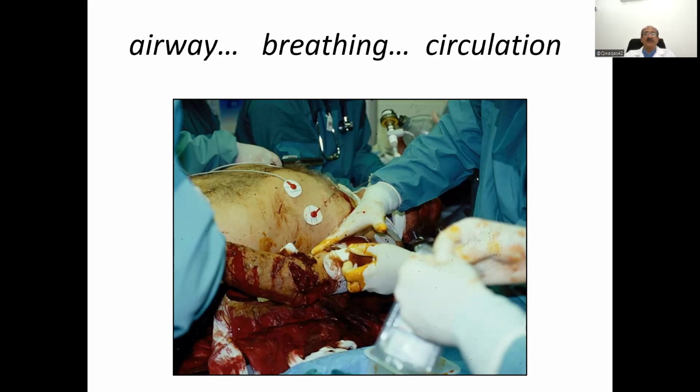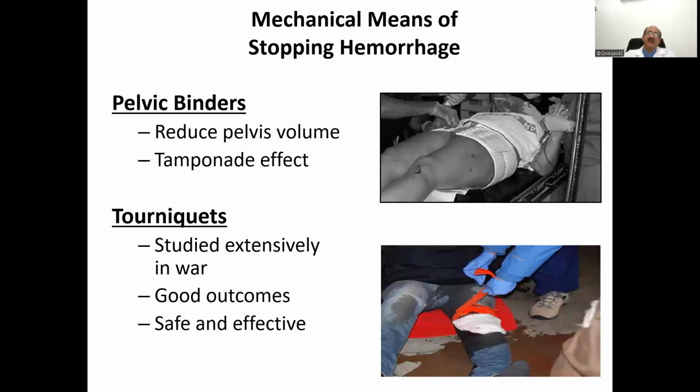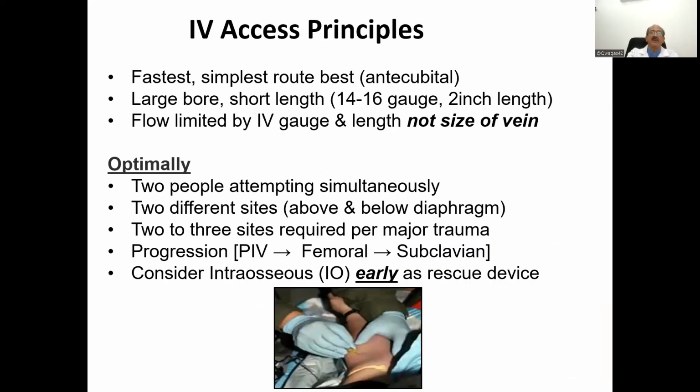Pneumothorax can be the cause, so we should look right in the beginning. There are mechanical means of stopping hemorrhage, like pelvic binders, which reduce the pelvis volume and give a tamponade effect, and we can also use tourniquets in different areas where they can be applied.